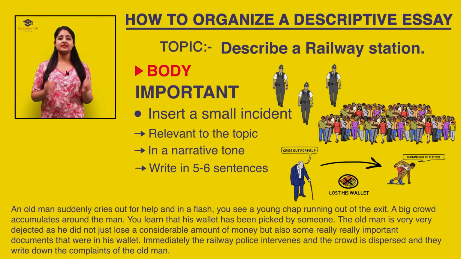Remember that it's a descriptive composition. So you're inserting this small incident just for the purpose of breaking the monotony of all the descriptions, but do not treat it as your primary focus. The primary focus should be on the descriptions that you give through your various senses.